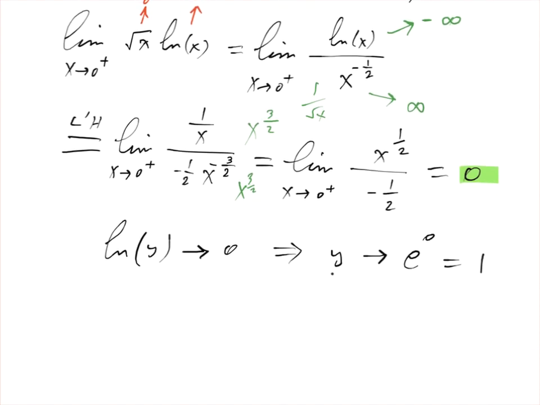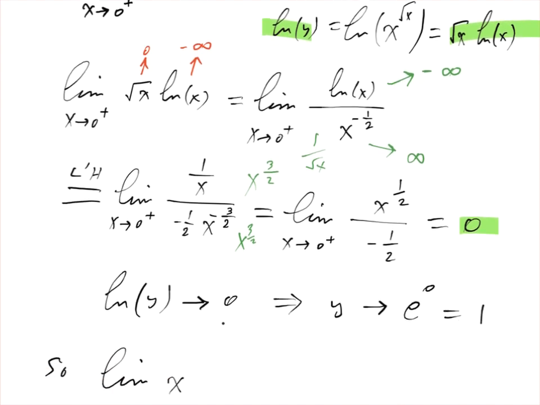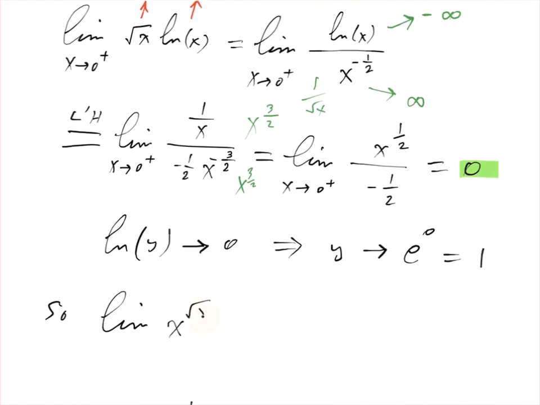So this tells us that y tends to 1. So the limit of x raised to the square root of x, which is the y here, as x tends to 0 from the right, is equal to 1.